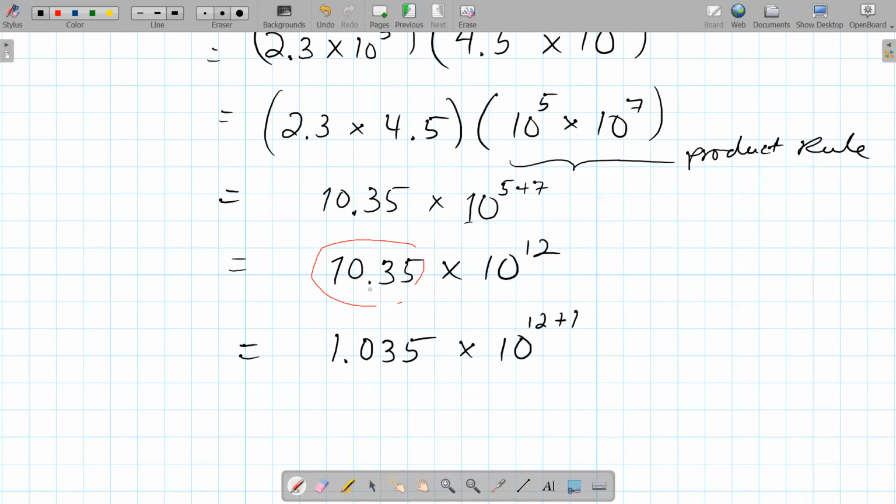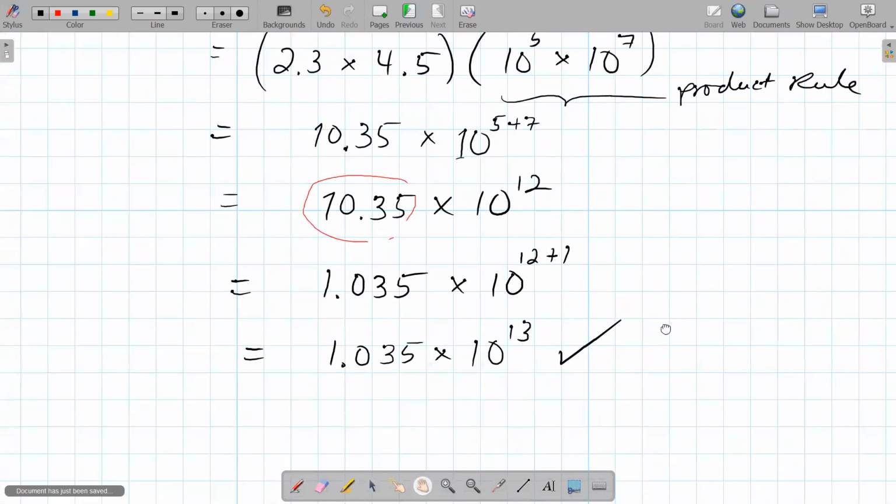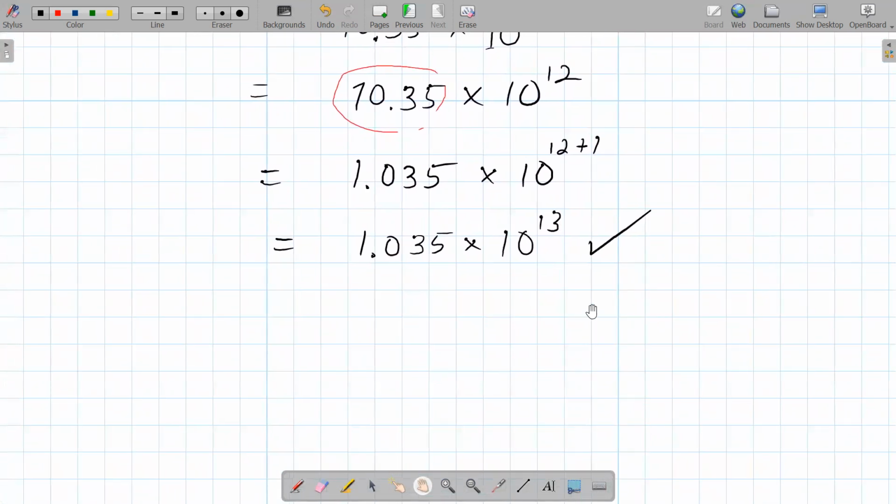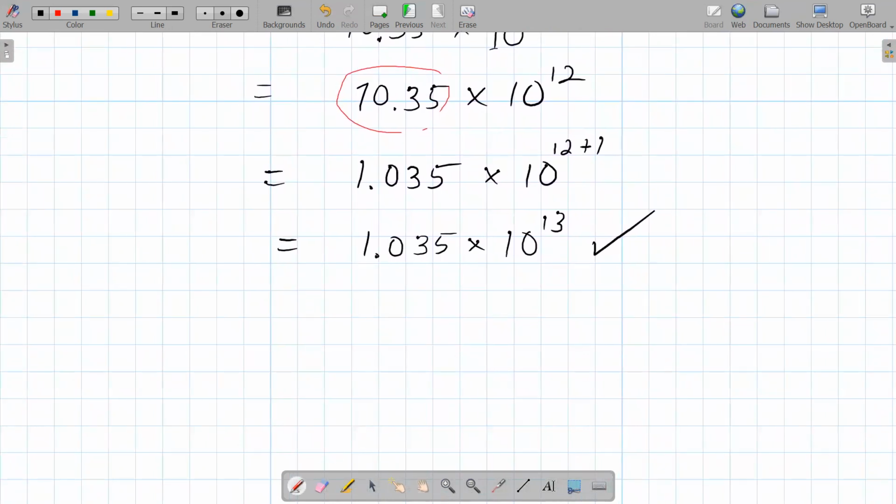And it is plus 1 because I moved this back one time to the left. So anytime you move to the left, it's positive. And because I move it one time, I need to add a 1 to the power here. So that becomes 1.035 times 10 to the 13. And I'm all set. Look at it carefully. It's not too hard. You should be able to do this easily.